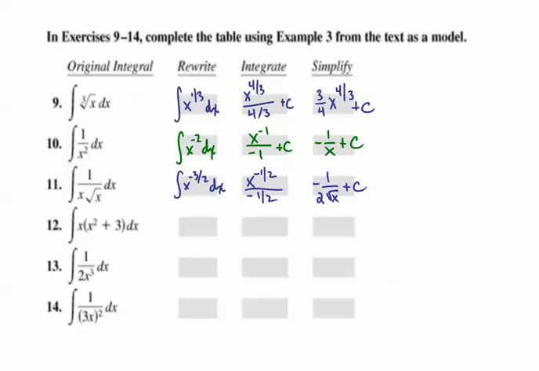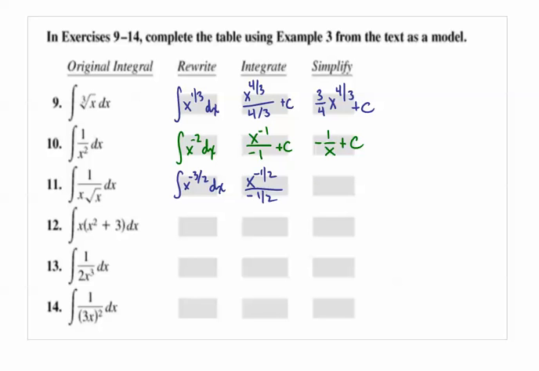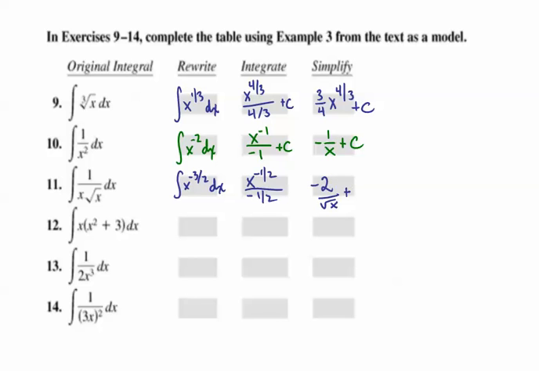Sorry, that's not correct. So dividing by 1/2 is the same as multiplying by 2, and so instead we would get -2 over square root of x plus c. And you could leave the square root of x as -2 times x to the -1/2 power. That would be okay.